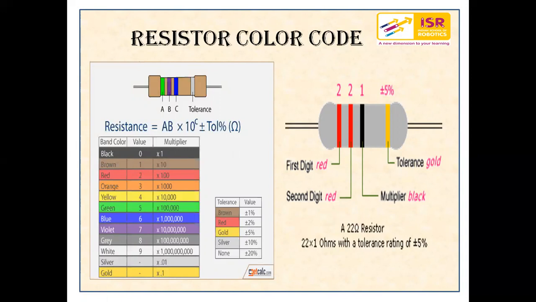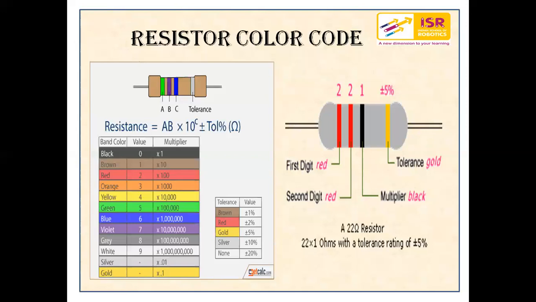So the two red colors at the start will tell you about the two digits of your resistance value, and the third one, that is black, will be a multiplier. That means the value with which you need to multiply the first two digits, and the fourth one is your tolerance.